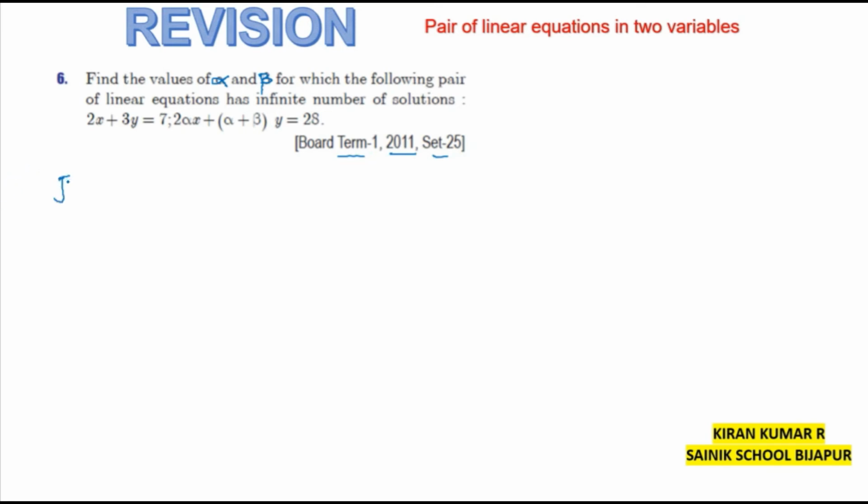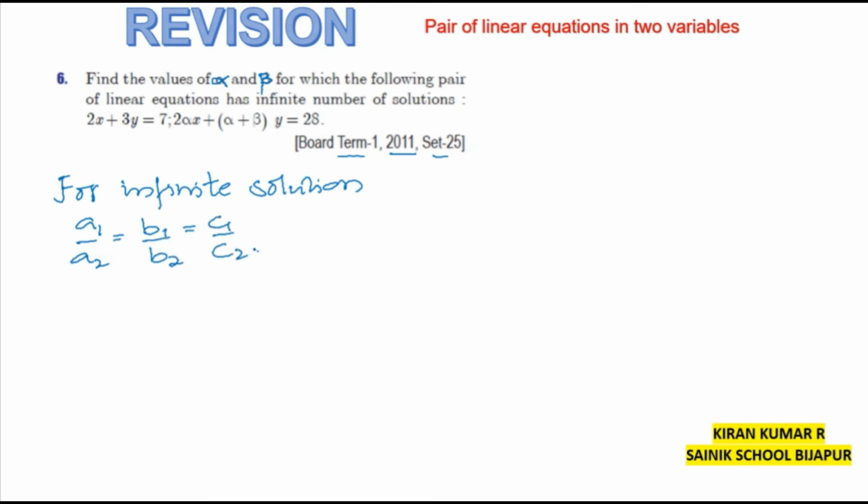So once again I have to consider like previous question for infinite solutions. Condition is a1 upon a2 equal to b1 upon b2 equal to c1 upon c2. Now substitute the respective values. We'll be getting 2 divided by 2 times alpha, which is equal to 3 divided by alpha plus beta, which is equal to 7 upon 28.